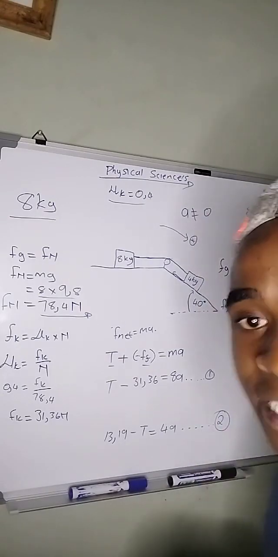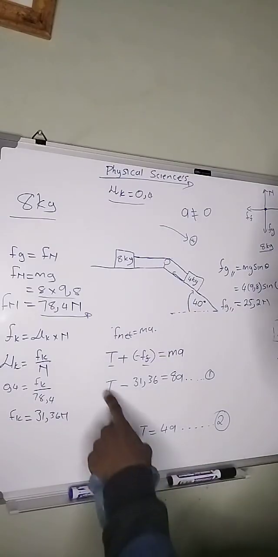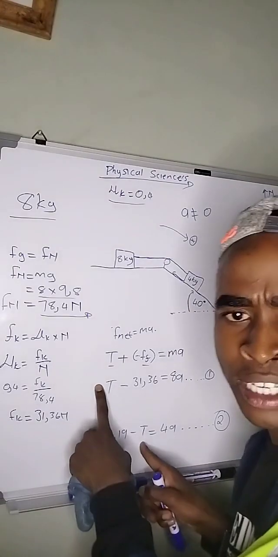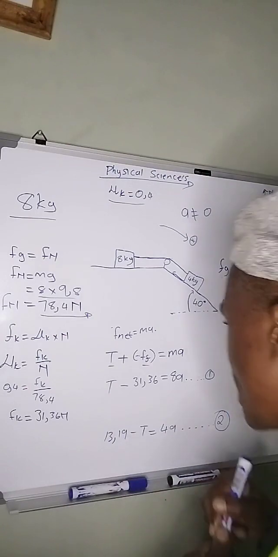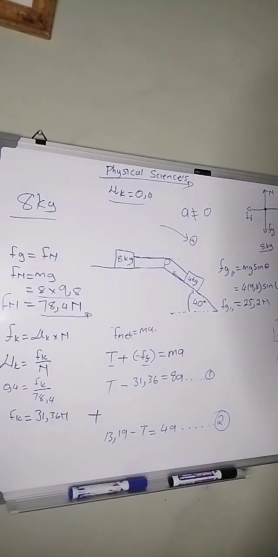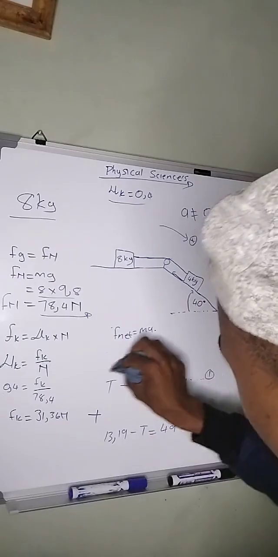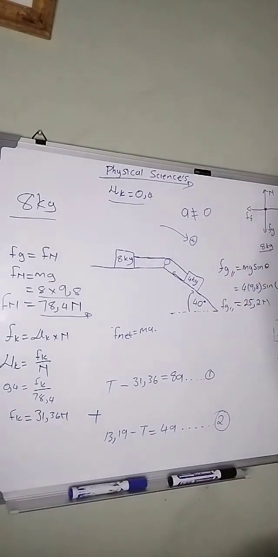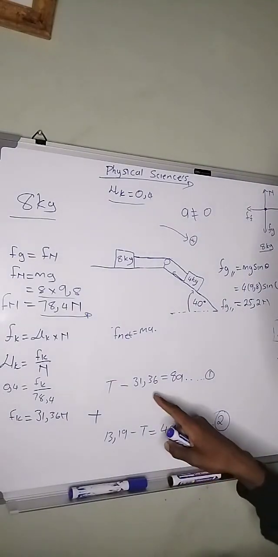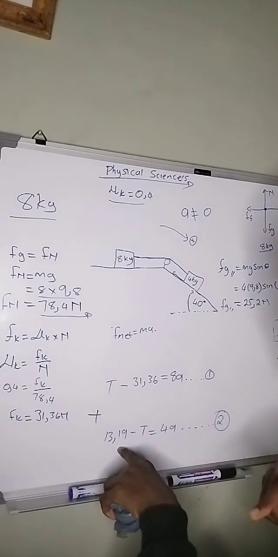I will add them and try to eliminate this t, because I have t here and negative t here. Whenever I add the 2 formulas, do you see what is happening? I'm going to add negative 31,36 and 13.